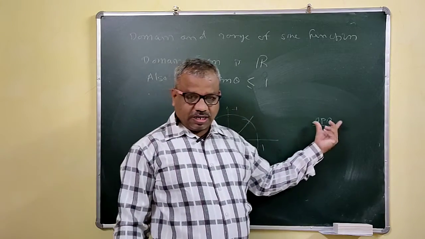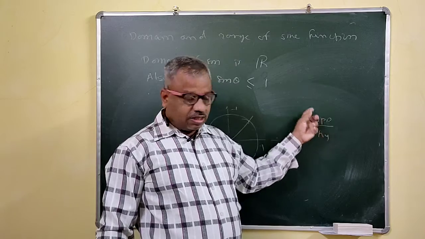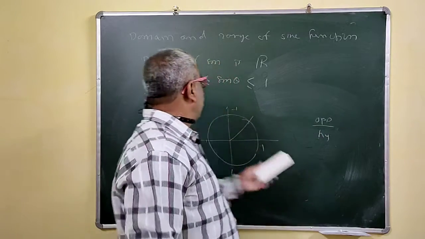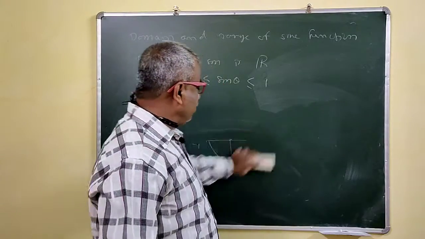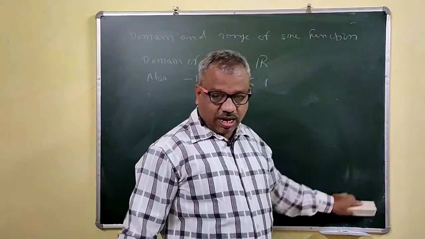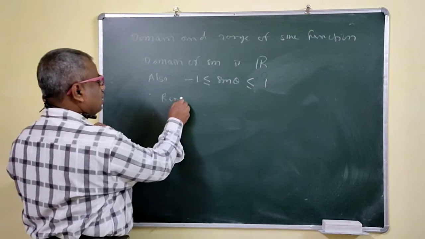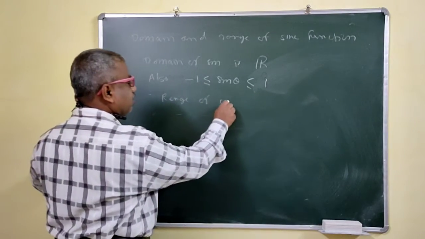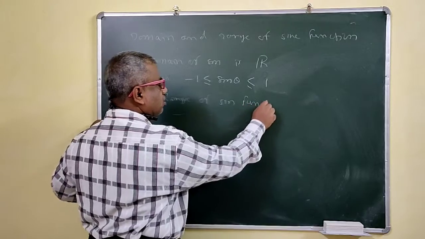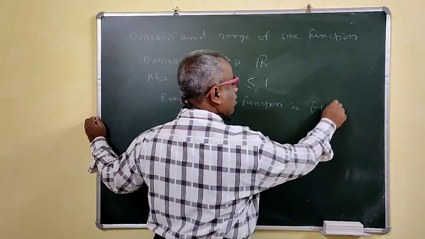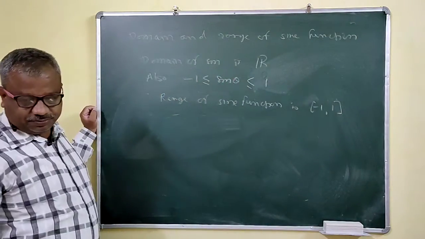If your denominator is larger than the numerator, then its value is always less than 1, right? So that means here value of sine theta always lies between minus 1 and 1. So therefore range of sine function is closed interval minus 1, 1.